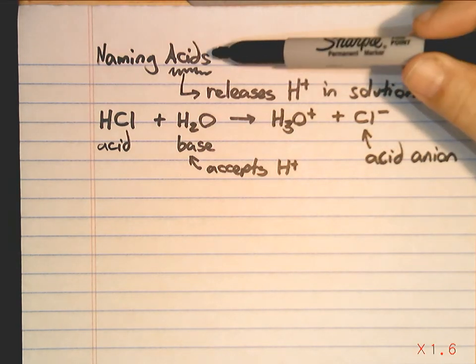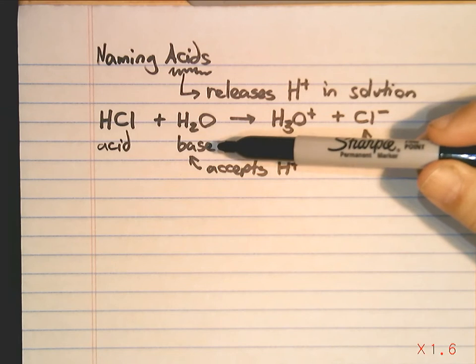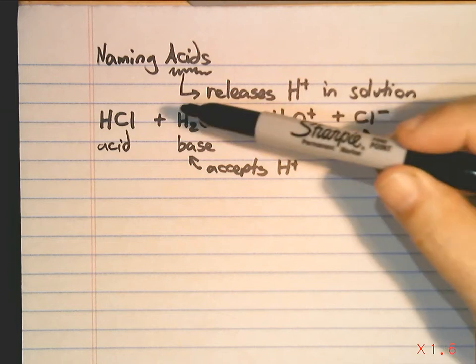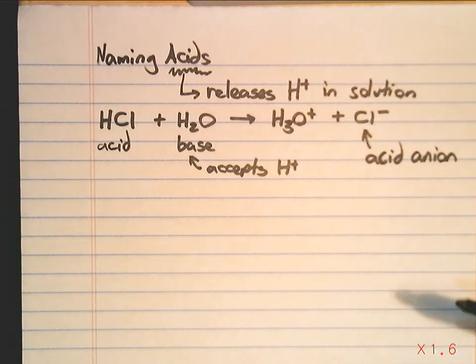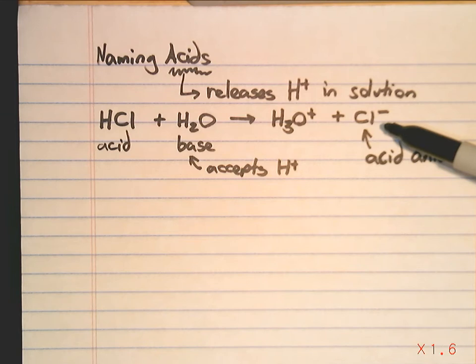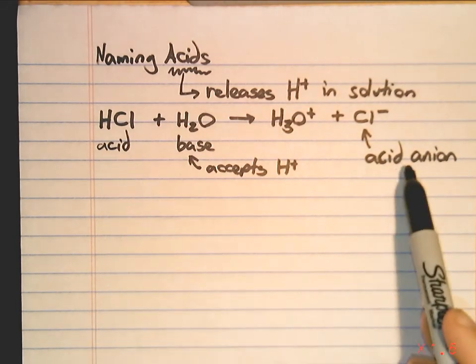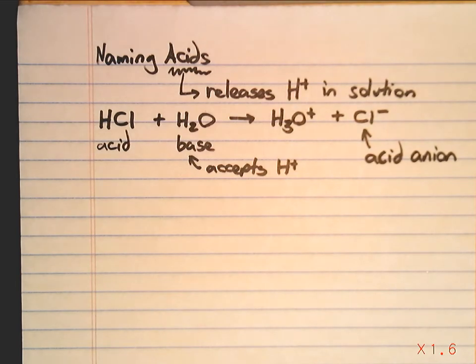You should be able to define acid, define base, and define acid anion. It is the negative ion that was inside of an acid. It is what's left behind after you pull the hydrogen ions off of an acid. Now, I spent some time showing you this because in order to name the acid, you have to first name the acid anion.